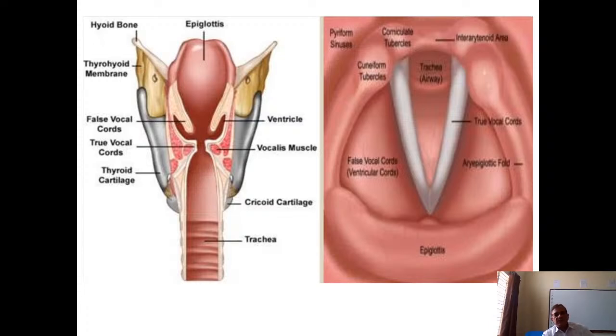Then you have the false vocal cords, which can come together and block the passage during deglutition. The third one is the true vocal cords, which have very powerful adductors.